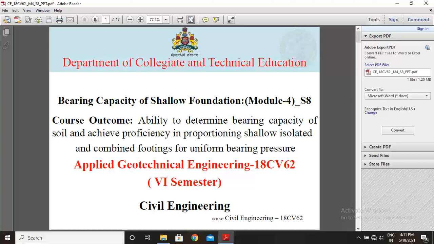Today I want to start session 8 of module 4. Title of module is given Bearing Capacity of Shallow Foundations.